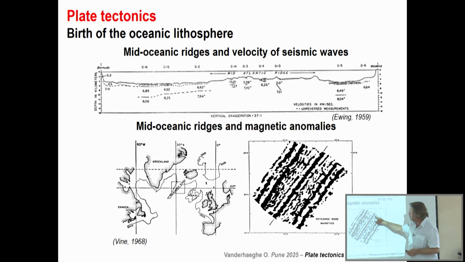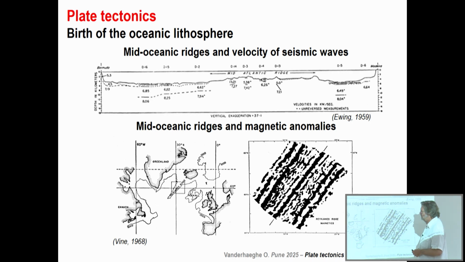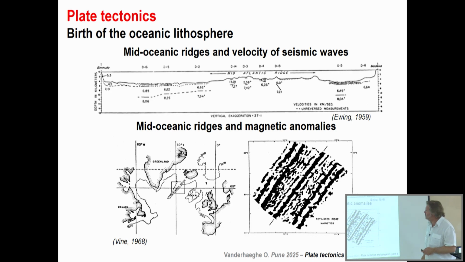So this is how they look. Here, close to Iceland along the mid-oceanic ridge of the Atlantic Ocean, from that repetition, you have black, white, black, white, black, white, centered on the Atlantic Ocean.